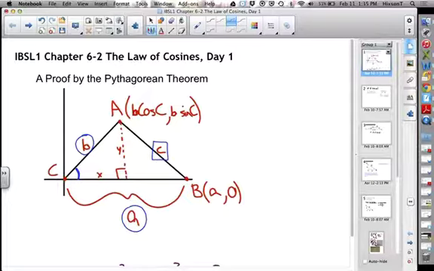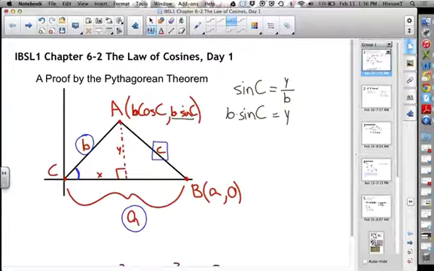So what trig function am I using? Sine. We're going to use the sine of angle C, and that equals y over b. Then of course we can simply multiply both sides of this equation by b, so y equals b times the sine of C. That's how I got this y coordinate here. Everyone understand that so far?